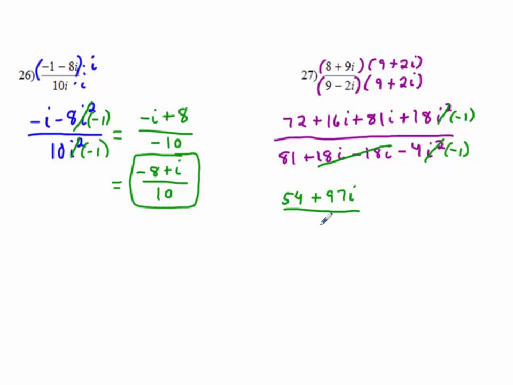On bottom, the i's go away. And 81, this isn't going to be minus 4, it's going to be plus 4 now. So 81 plus 4 is 85. If I could divide all of these numbers by something, that's what I would do. Like if all of them were divisible by 3, I'd go for it and divide them all by 3. But since that doesn't happen, this is our answer.